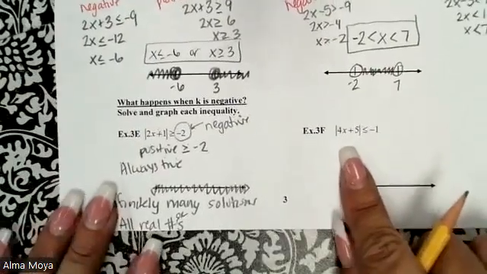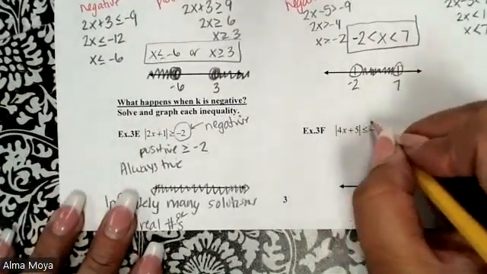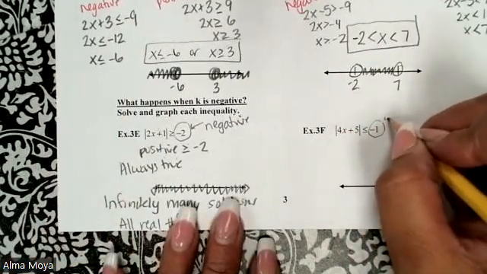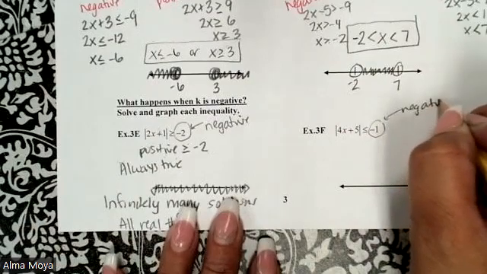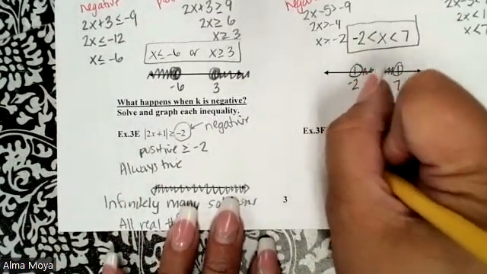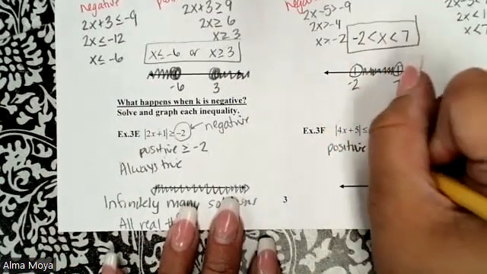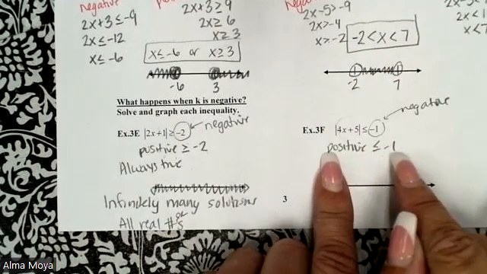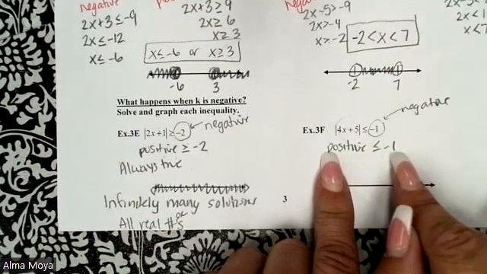Now, on this one, once again, this is going to be a negative right here. Absolute value always has to be positive. So whatever this is, it's going to be a positive. Will this positive ever be less than or equal to -1? That is not a true statement.